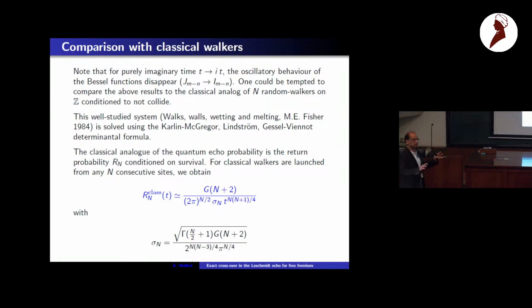You take n random walkers on the lattice, and you condition them not to meet up to time t. So you take your random walkers, and the only thing is that you don't want them to touch each other up to time t.